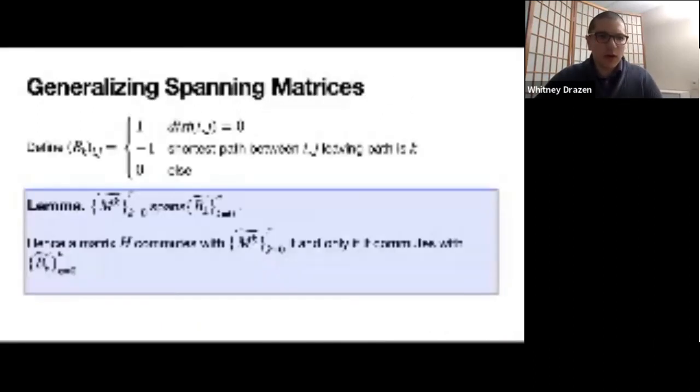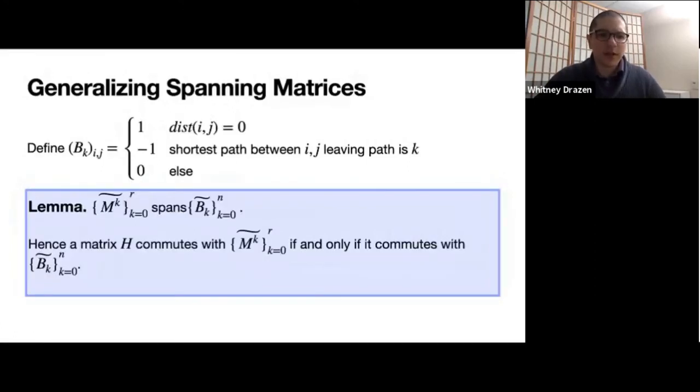Okay, so we can generalize this process, and we can define these matrices B sub k, where B sub k ij is equal to 1 if the distance between i and j is k.